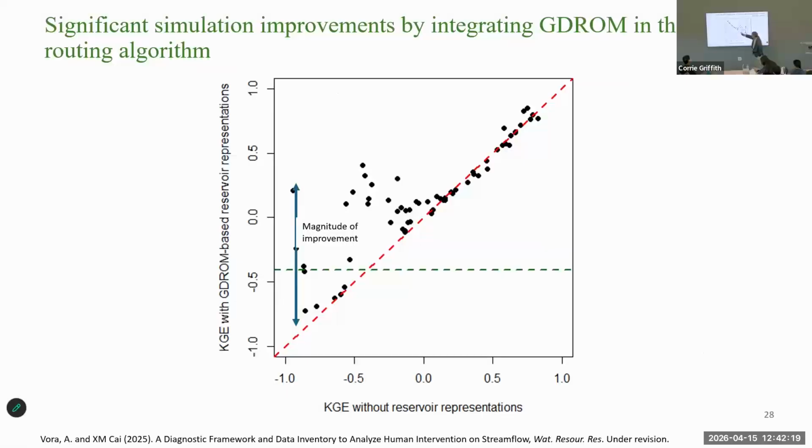Especially when the KGE is low, we see quite significant improvement of the KGE values. When the KGE is already high, we don't see much change. That's probably because we don't need to account for reservoir operations in some places.